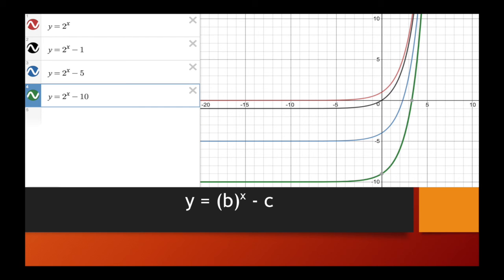All right, cool. Can I have a volunteer to explain the changes that take place on this graph? Yeah, go ahead, Max. Thanks.